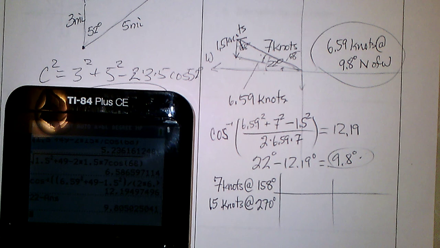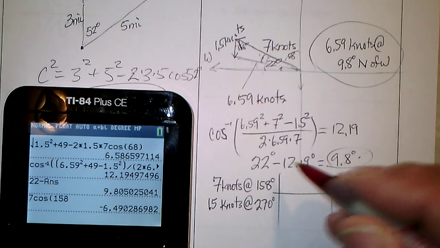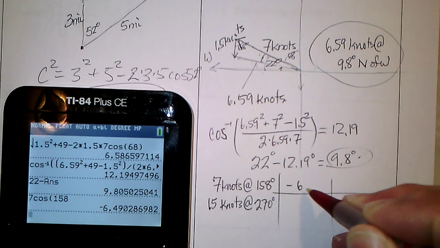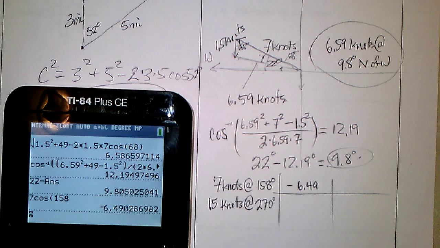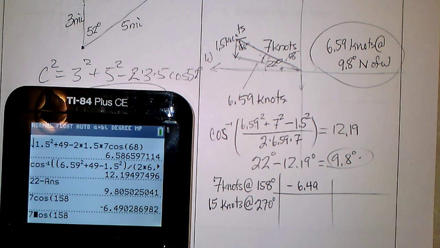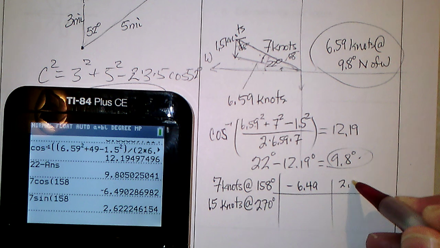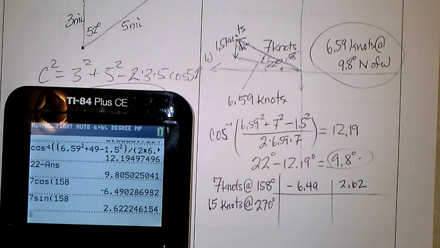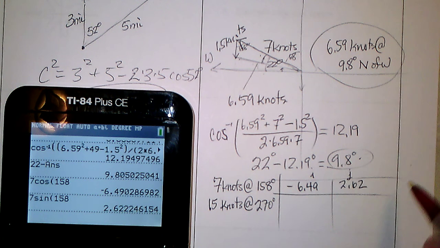So I'll take and do 7 cosine 158, and I get negative 6.49. I'll do sine in there, and I get 2.62 in the I and J directions.